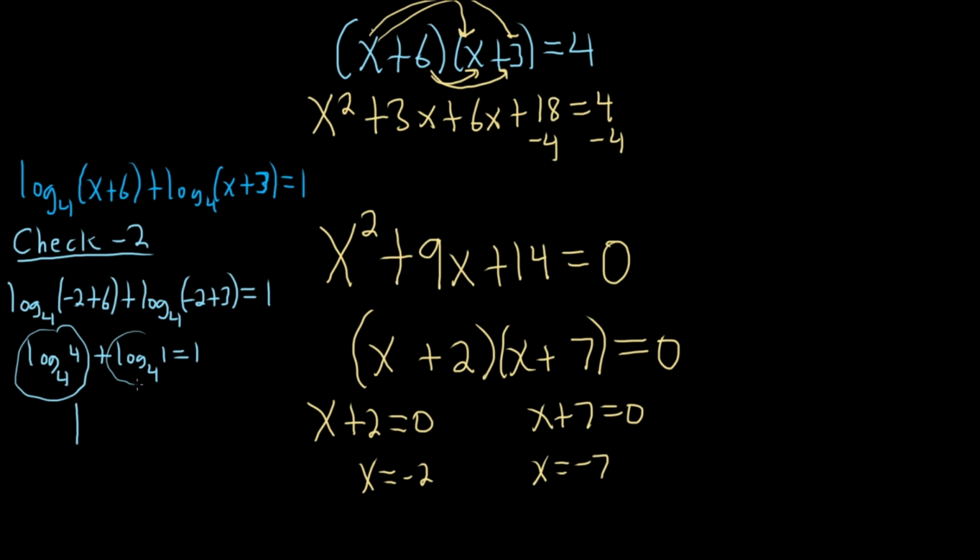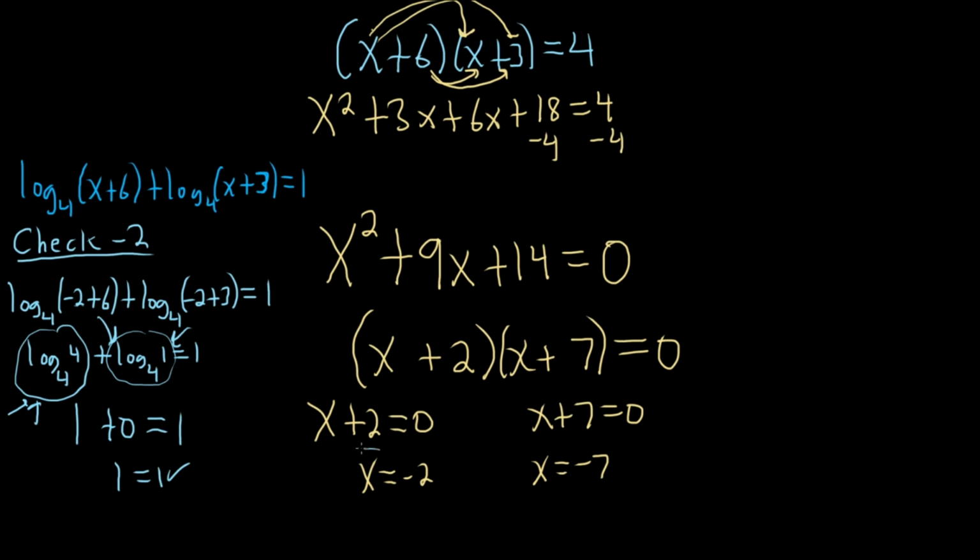And the second one is 0, because the question is 4 to what power is 1? 0, because 4 to the 0 is 1. So you get 1 equals 1.